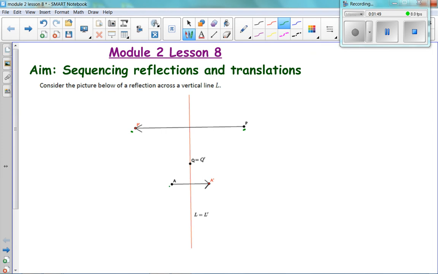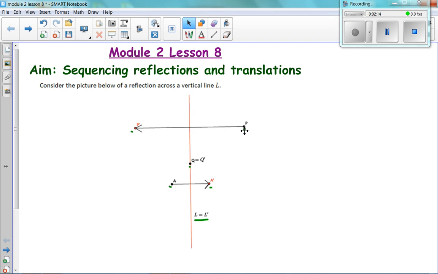If you reflect A across line L, you get A prime. If you reflect line L, it's the same line, it's itself. If you reflect Q, since Q is on the line of reflection, the reflection of Q is Q prime, which is still itself.